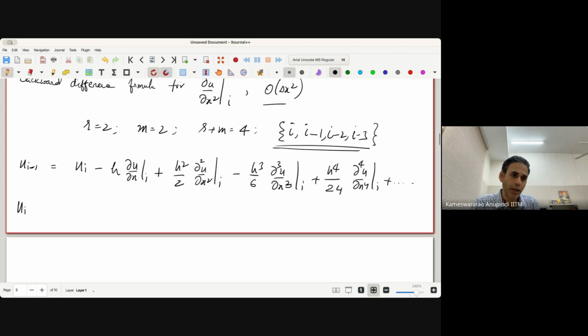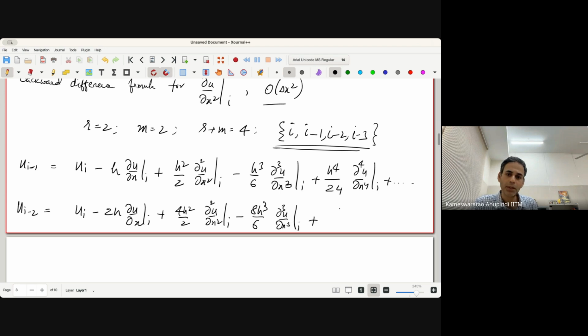Similarly, u at i minus 2 equals u_i minus 2h ∂u/∂x at i plus 4h²/2 ∂²u/∂x² at i minus 8h³/6 ∂³u/∂x³ at i plus 16h⁴/24 ∂⁴u/∂x⁴ at i, and so on.